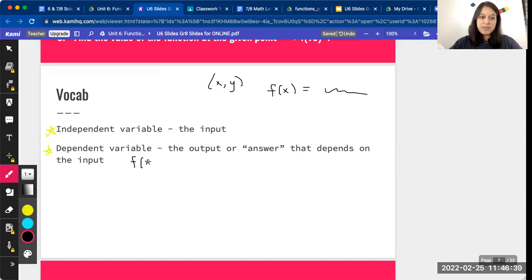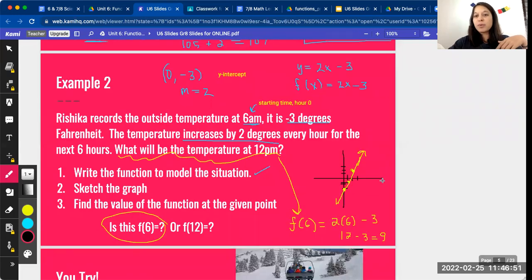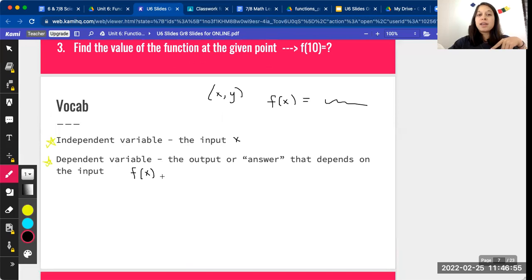It's the dependent variable. Why? Because it depends on what you plug in for x. So when you're talking about functions, x is the independent variable because you get to choose that. Like here, I get to choose the hour I want to evaluate. And once I choose the hour, I can solve it. And the answer, f of x, depends on what I choose. That's what it means. So take a second to add these.